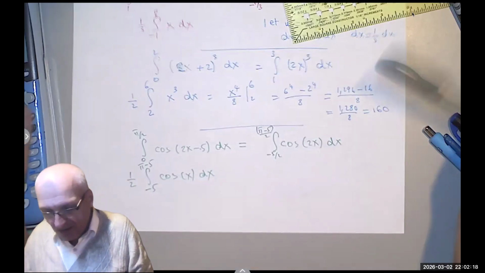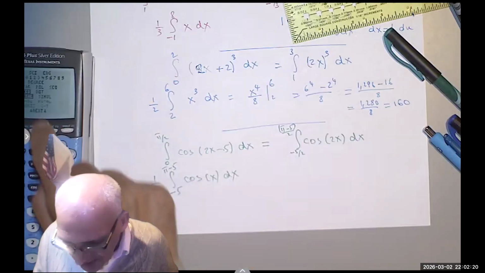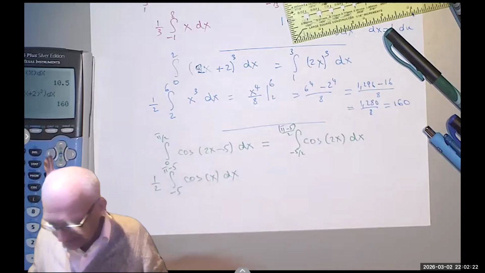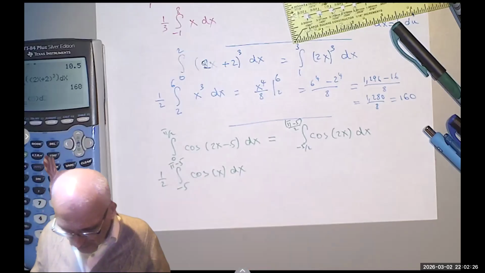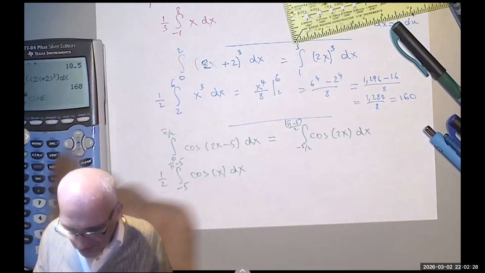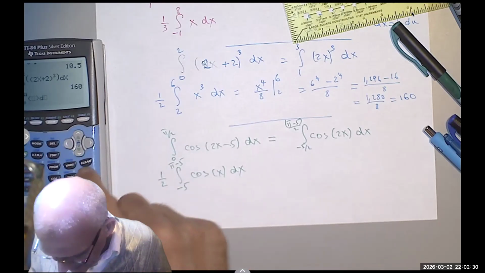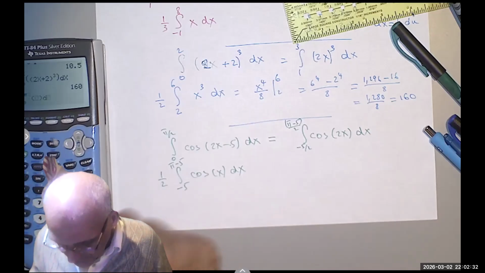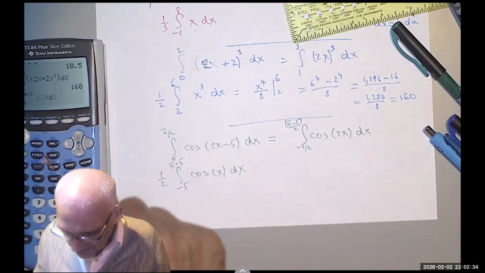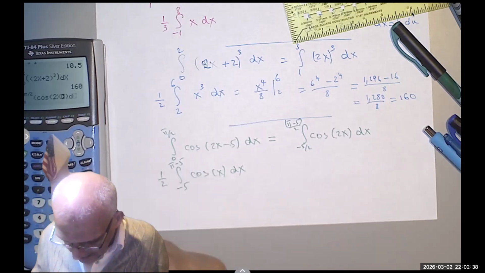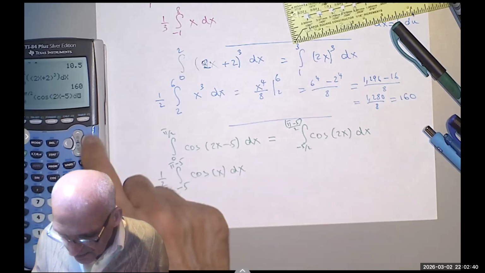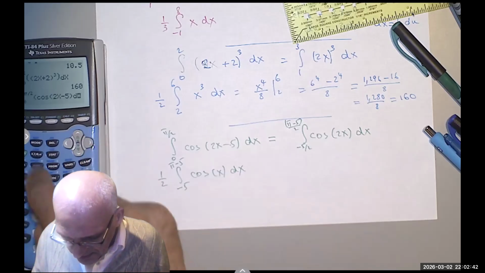We can check. Just want to make sure I am in radians. Yes, I am. Okay, so the first one, the integral from 0 to pi over 2 of cos 2x minus 5 dx.